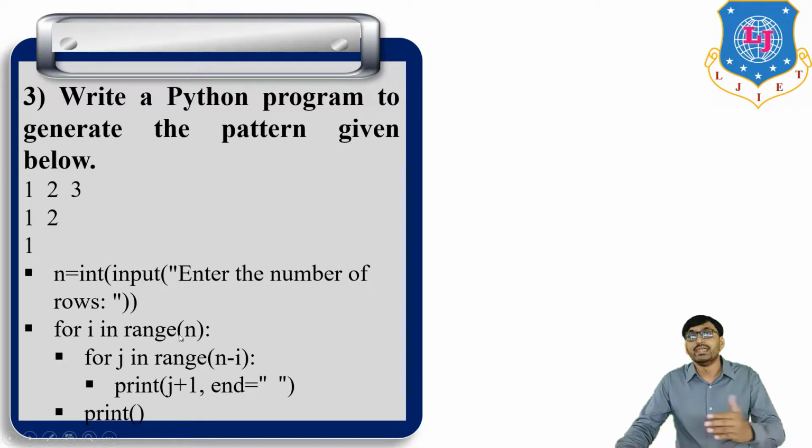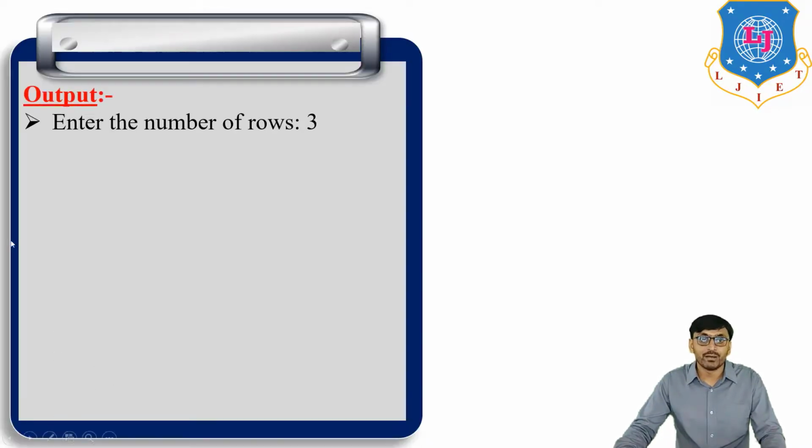Then for the next row, first line is for i equal to 0, second line for i equal to 1, and third line for i equal to 2. So if we run this program and enter the number of rows equal to 3, we get this pattern: 1, 2, 3, then 1, 2, then 1.